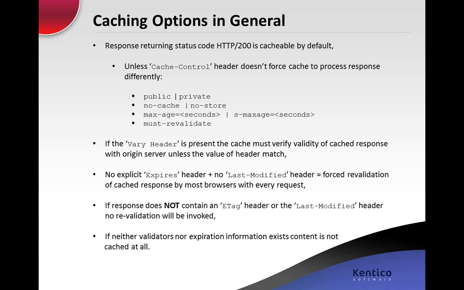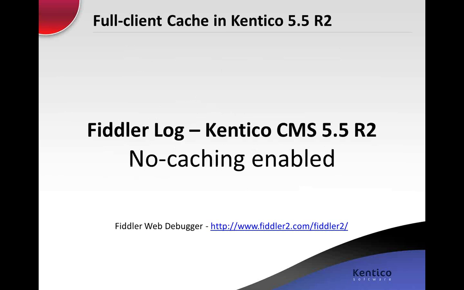Why I mention it here is that when we get to the full client cache, how it works in Kentico 5.5 R2, that's basically the reason why some things don't work, and why you will most likely be going for a custom expiration mechanism if you are thinking about more advanced ways to cache the content.